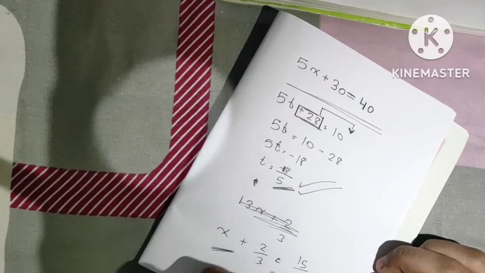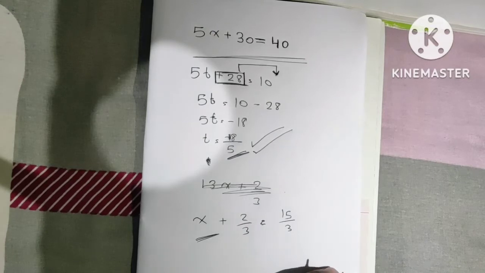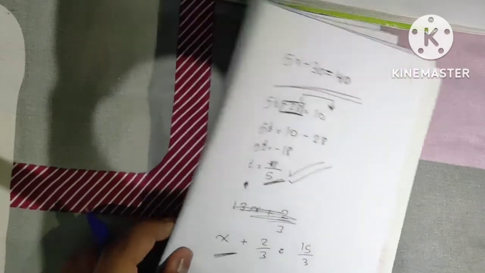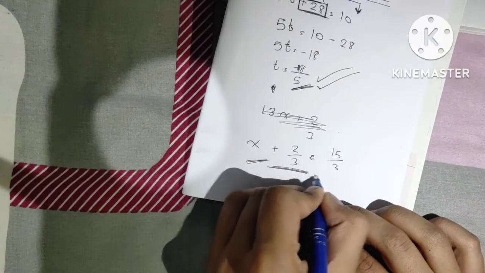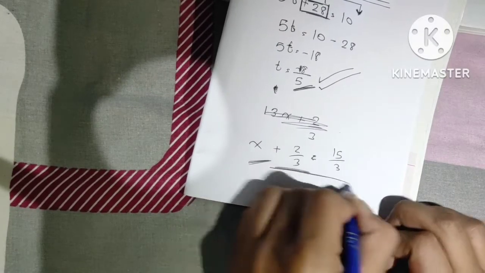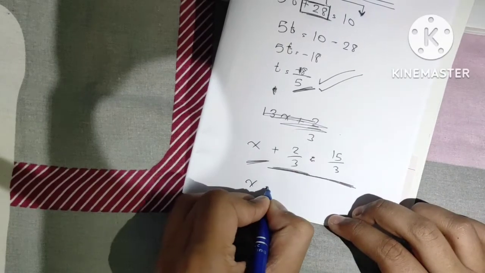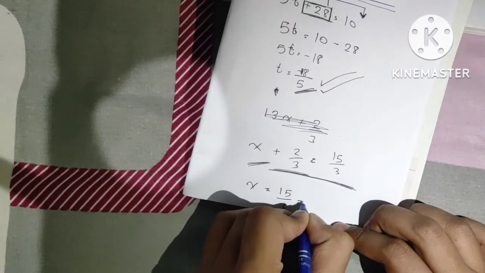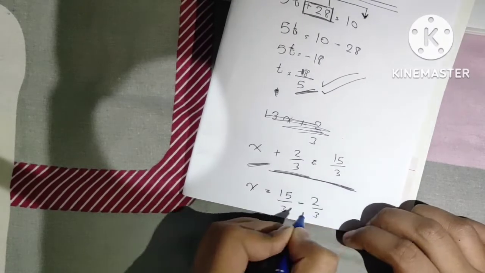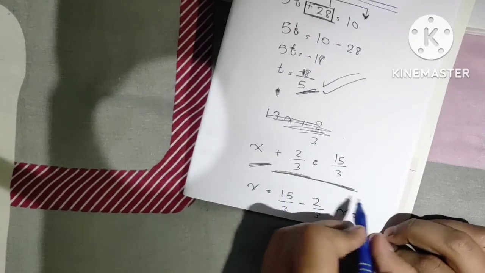Find the value of x. So this type of question may come in your exams, of grade 7 especially. It's pretty simple actually. What you need to do is just transpose this plus 2 by 3 to this side. It'll become minus 2 by 3. So let me just write it. x is equal to 15 by 3 minus 2 by 3, and that's how x is equal to 13 by 3.